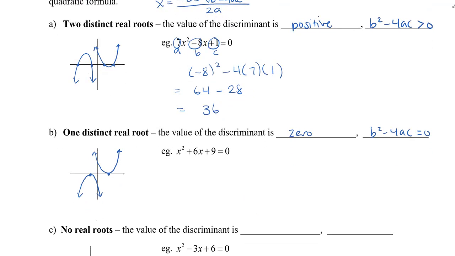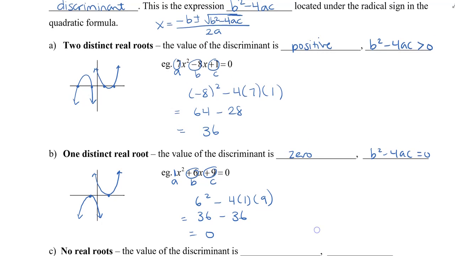So let's take a look at an example. 1 is a, positive 6 is b, and positive 9 is c. So we get 6 squared minus 4 times 1 times 9, and we can see that we get 36 minus 36, which gives me 0. So when I use the quadratic formula, the number underneath the radical is 0.